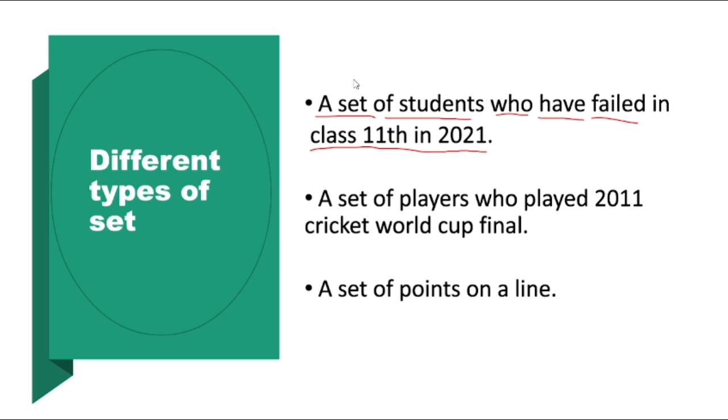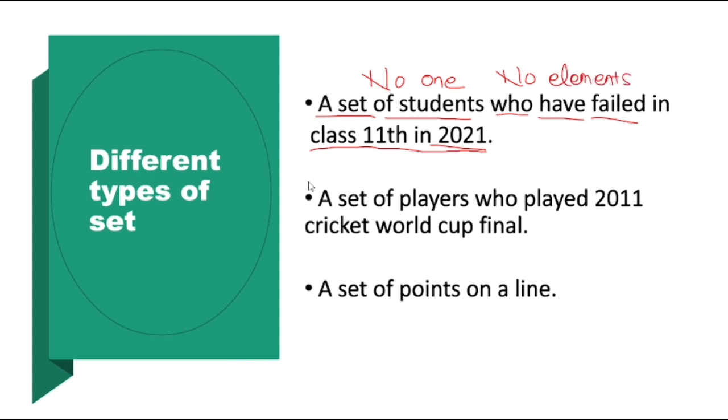If I ask how many students of 11th class have failed in 2021, the answer is no one. So if I make a set of these students, there should be no elements.